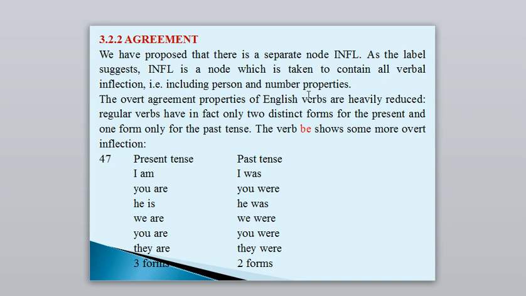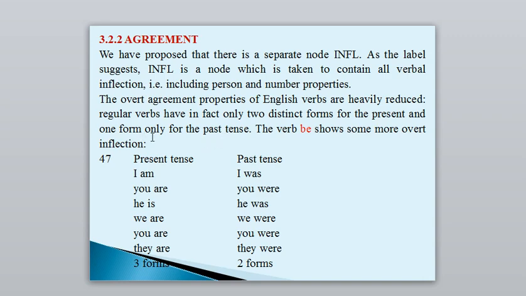The overt agreement properties of English verbs are heavily reduced. Regular verbs have in fact only two distinct forms for the present and one for the past tense. For example, in the present tense, we just add s to the third person singular, and in the past tense we have just one form.